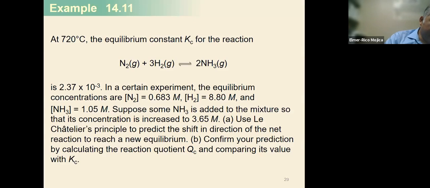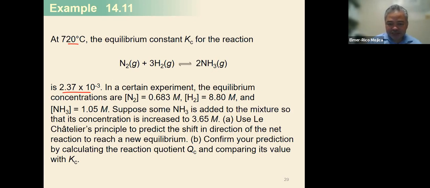So we can look at this also using K values, the QC and the KC. Okay, so you have here at 720 degrees Celsius, the equilibrium constant is 2.37 times 10 to the negative 3 for the production of ammonia.